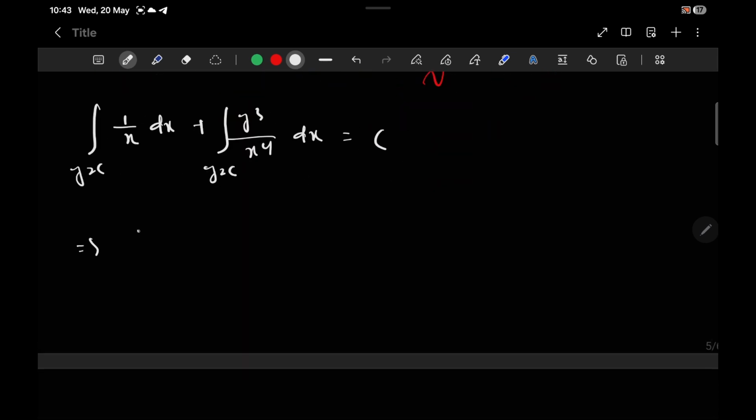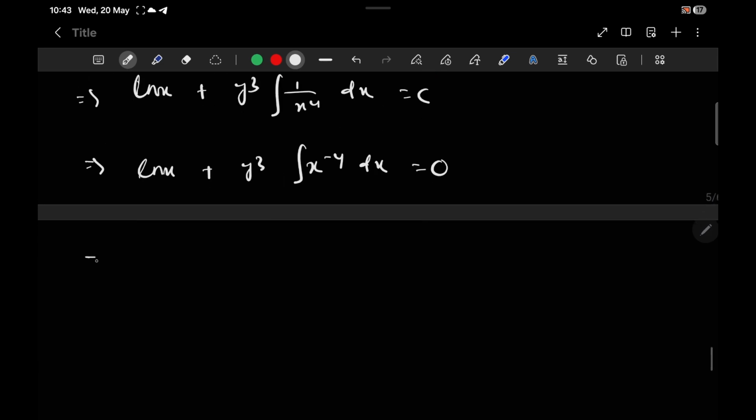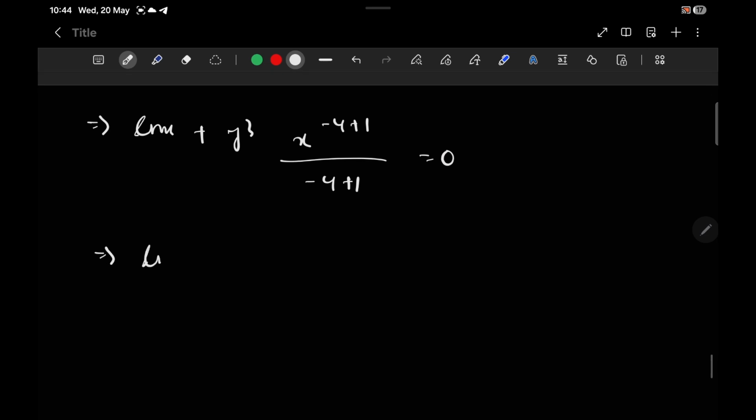So ln x plus y^3 times 1/x^4 dx is equal to c, that is ln x plus y^3 x^-4 dx, that is ln x plus y^3 x^(-4+1) divided by (-4+1) is equal to c, that is ln x plus y^3 x^-3 divided by -3 is equal to c.